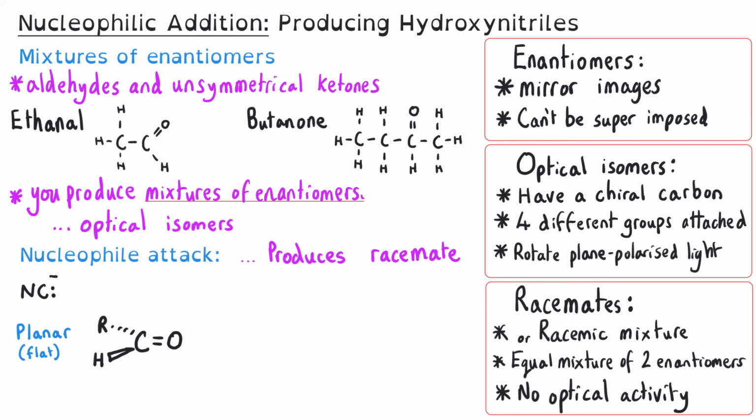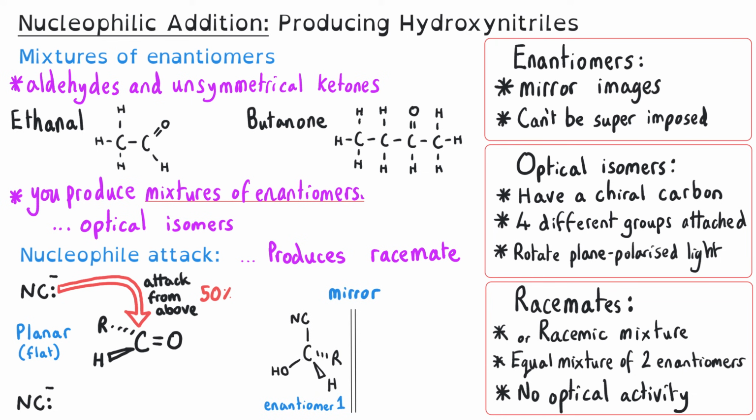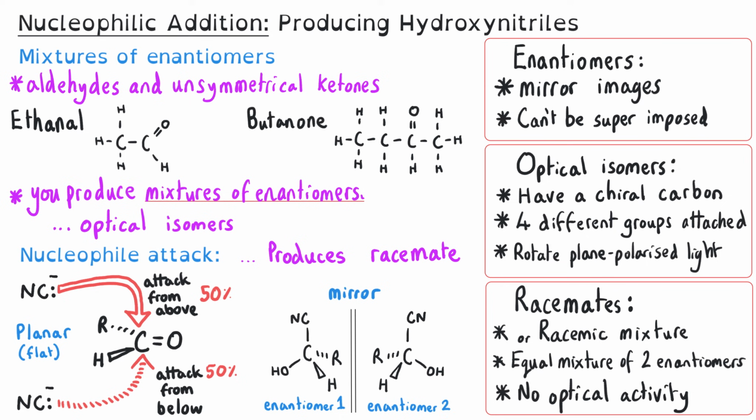And so this means that when the nucleophile attacks, the cyanide ion in this case, the attack is either going to be coming from above the carbonyl group or below the carbonyl group. And since both of these attacks are equally likely, you will get 50% of the nucleophilic attack occurring from above the carbonyl group, and this will produce one of the two enantiomers, and 50% of the nucleophilic attack occurring from below the carbonyl group, and this will produce a different enantiomer.